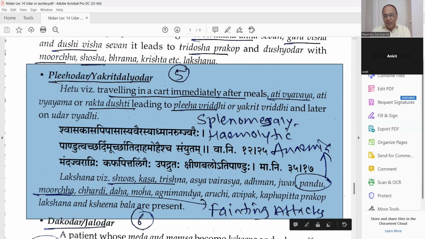In a normal person, liver and spleen are not palpable. But when there is a pathology, the liver is enlarged: one finger enlargement, two finger, three finger enlargement, hepatomegaly.